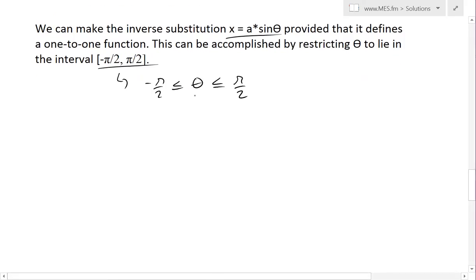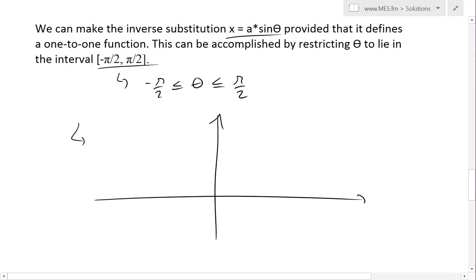This is one-to-one because when you look at the sine function, it looks something like this, and it keeps going. I'll draw this dashed line like that. At this point right here is negative pi over 2, and right here is pi over 2.